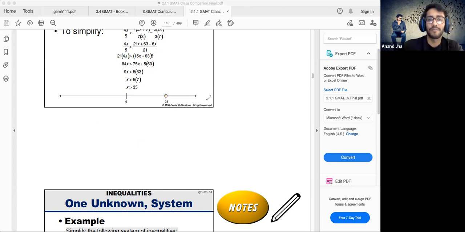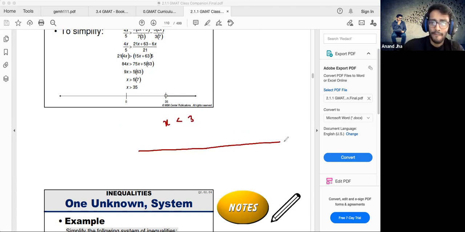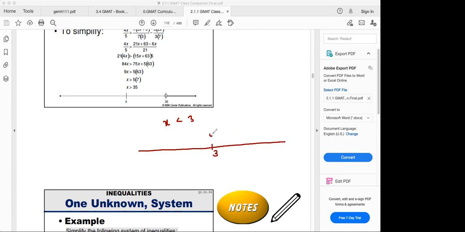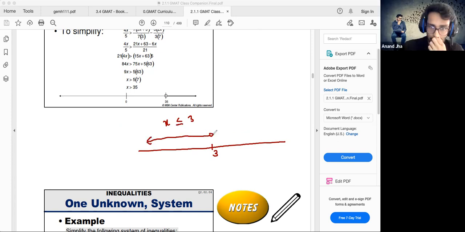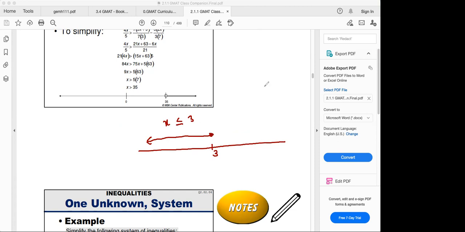Now, similarly, x less than 3, for example. Go beyond, like before 3. So all 1, 0 and the negatives. If it is equal, then we have a solid circle there.